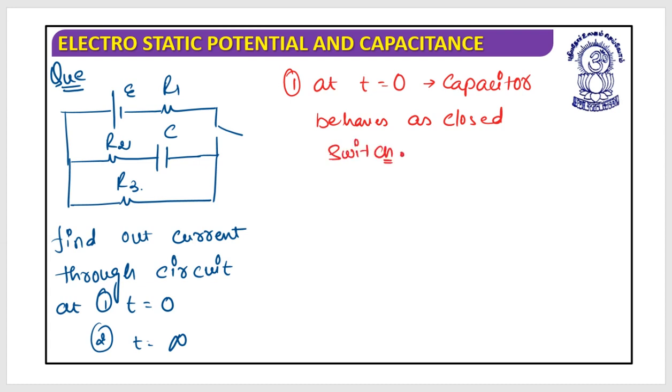Yes, and when it behaves as a closed switch, it is connected like this. So the current I is moving from here; this and this two are in parallel, so I equals E divided by the equivalent of this, R2 R3 divided by R2 plus R3, and the combination of this is in series with this, so plus R1. This is the final answer at t equals 0.